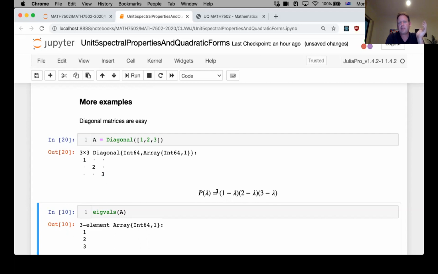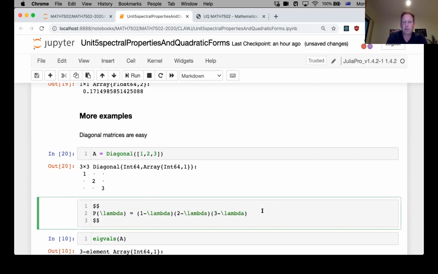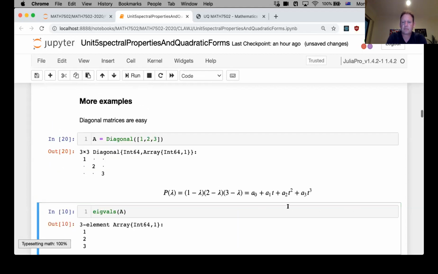An important thing, and this is also relevant to your homework: a polynomial can be presented in coefficient form. In the practical last week you dealt a bit with polynomials. You can represent a third order polynomial as a0 plus a1t plus a2t squared plus a3, although you won't need the a3 in this case, times t cubed.